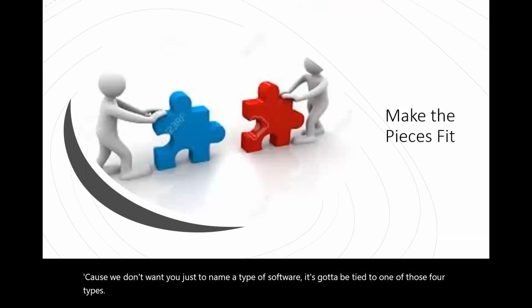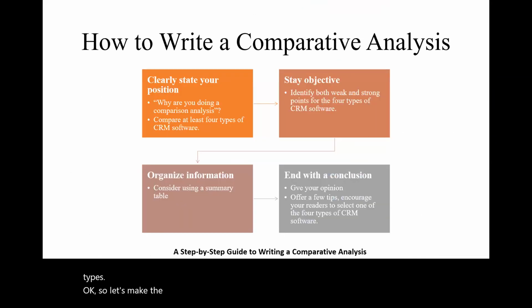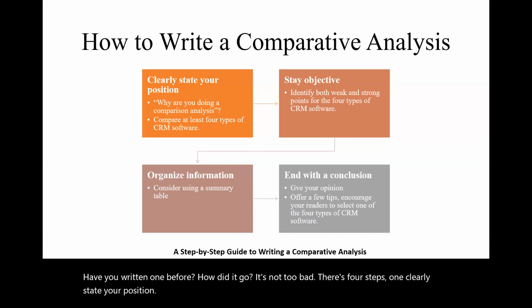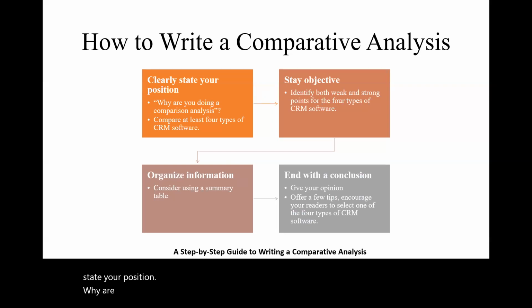Okay, so let's make the pieces fit. We have to write a comparative analysis. You written one before? How did it go? It's not too bad. There's 4 steps. 1, clearly state your position. Why are you doing a comparative analysis?